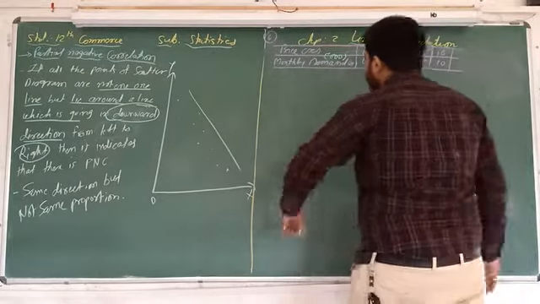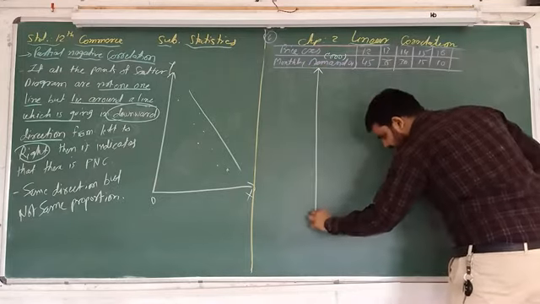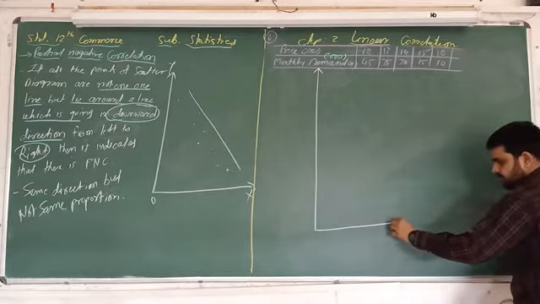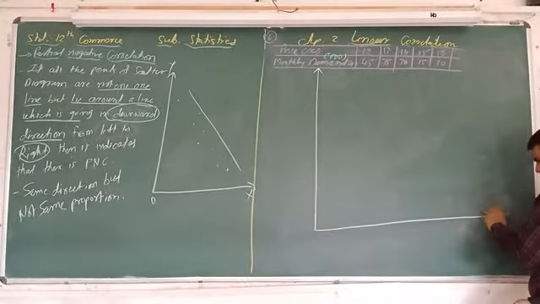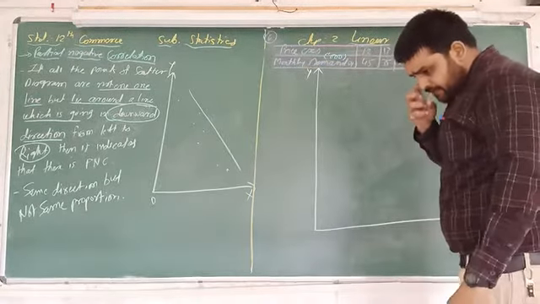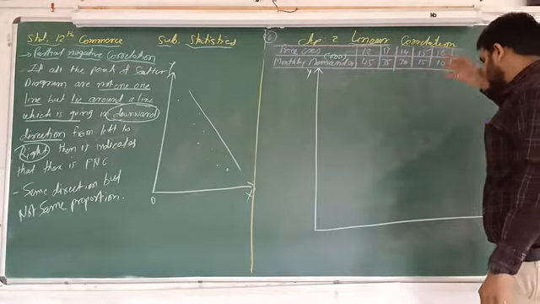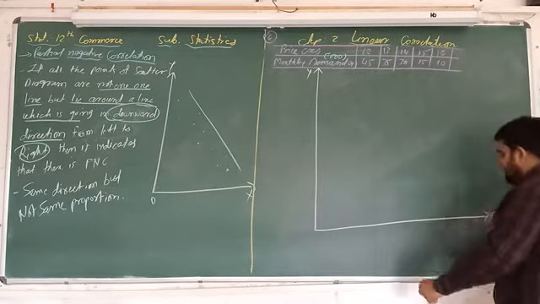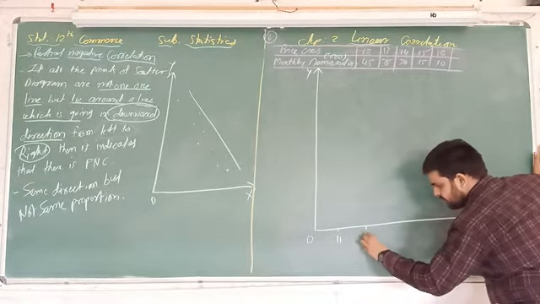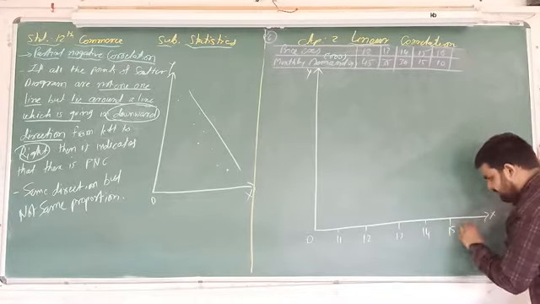So here the diagram has an x-axis and a y-axis, both axes that we have to draw. Here the x-axis, here the y-axis. Now what we have to do? We have to plot 12, 13, 14, 15 and 16. So here we are taking 0, 11, 12, 13, 14 and 15.